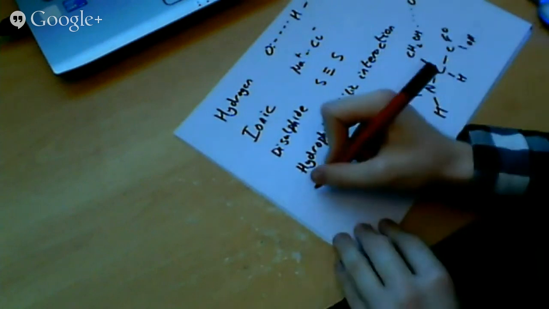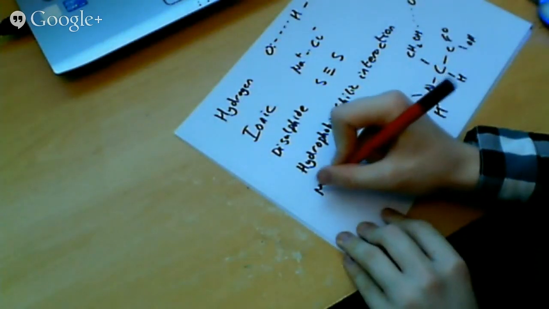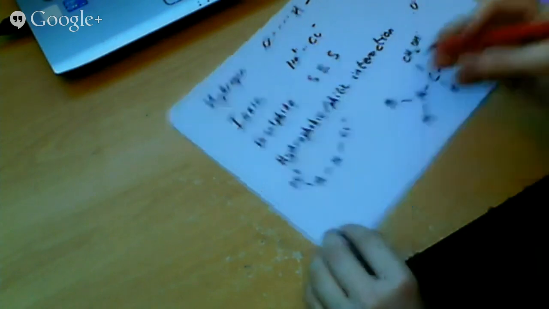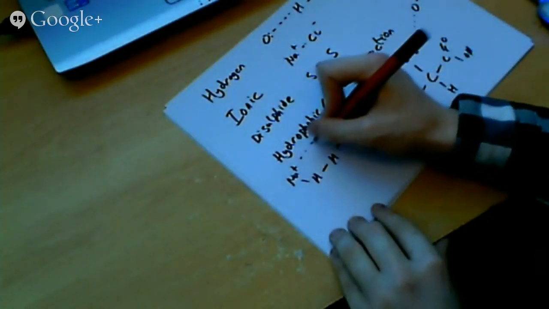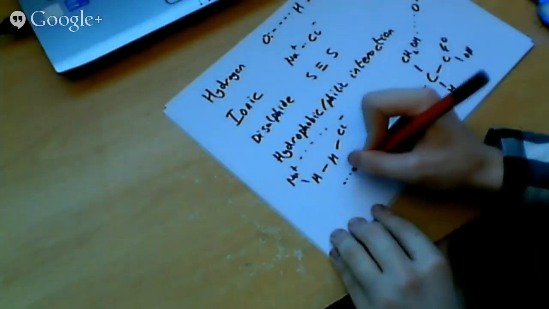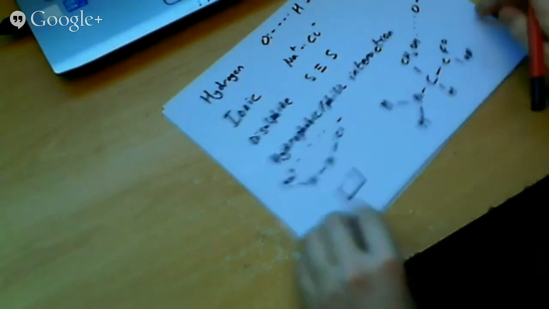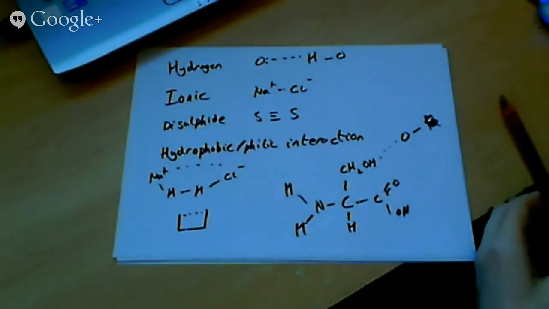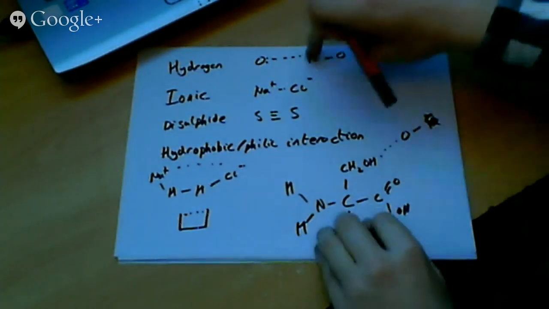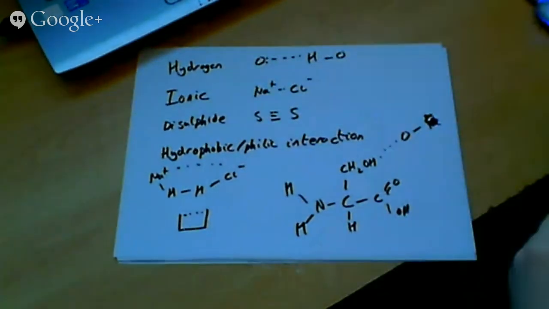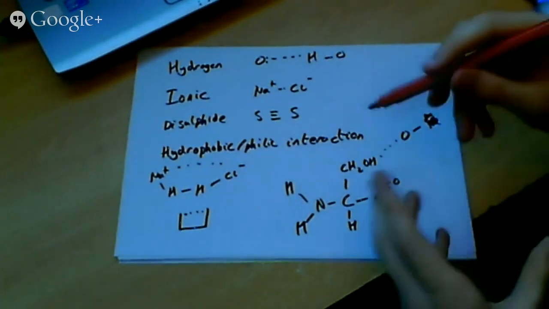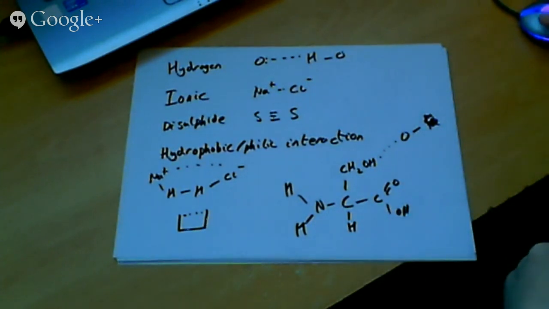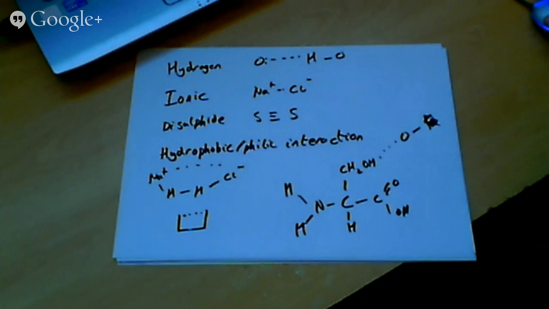So if you have, let's say, Na+ and Cl-, you will get a bond forming there, which could cause the shape of the molecule to be like that, so you kind of get a square. That's what affects it. So these will all cause bonds to form between the hydrophobic and hydrophilic, depending on where. The hydrophobic R groups will go into the center of the molecule, and the hydrophilic will go on the outside. And that's how it affects tertiary structure.